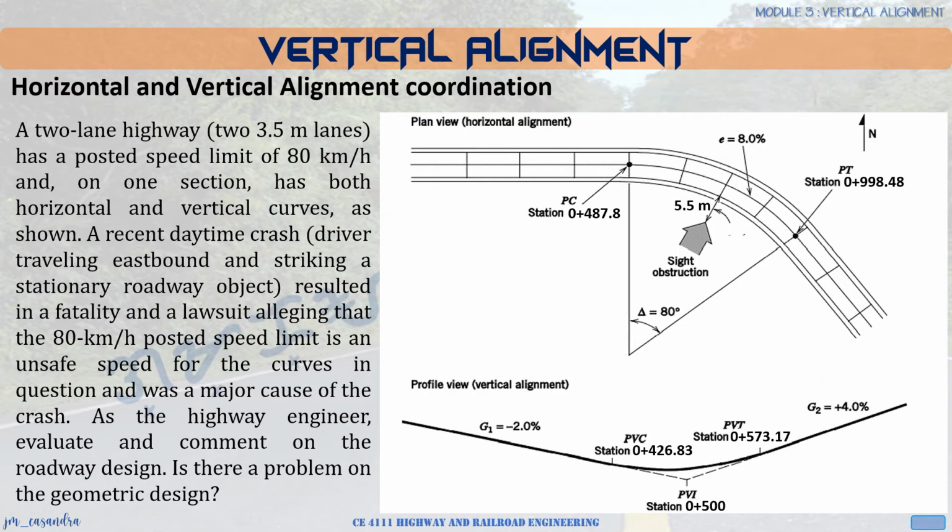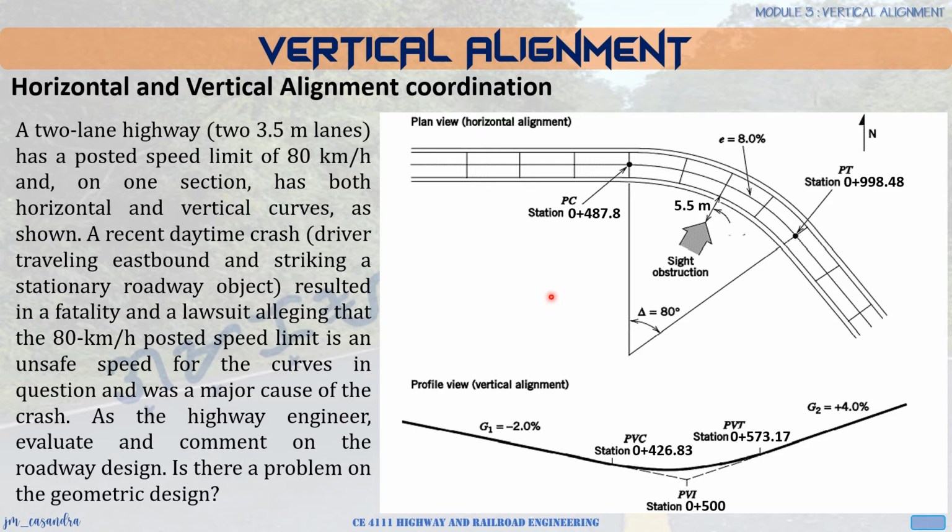Okay, so let's have another example or application of vertical alignment in coordination with the horizontal alignment. So we have here our plan view and the profile view for the horizontal and vertical alignments of a road section.